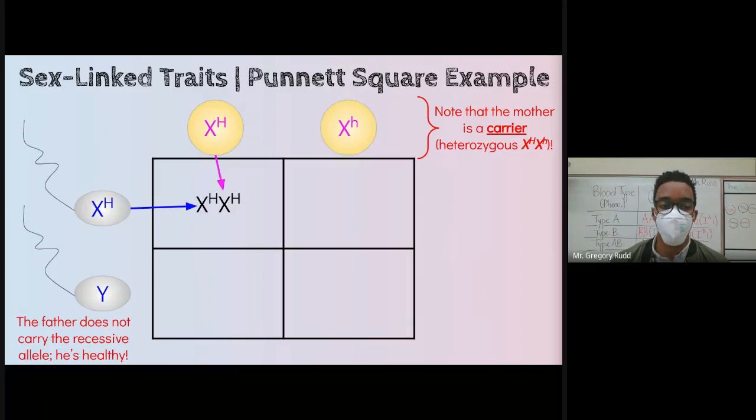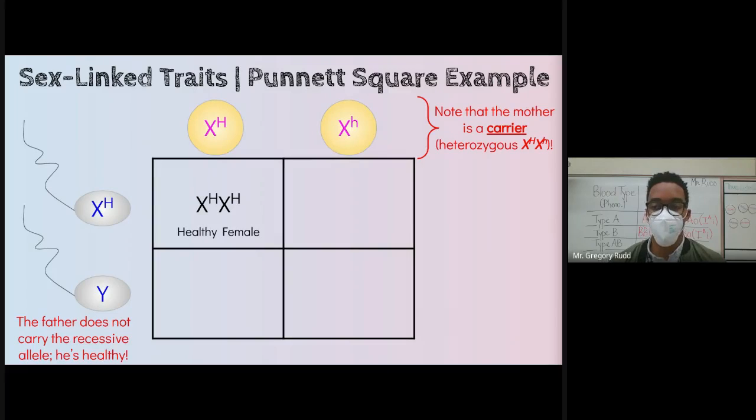Well, you guys tell me, what do you know about this person if that's the genotype? What is that person's phenotype? They do not have hemophilia. And what about their sex? Female. Yes, thanks, Sabina. Thanks, Abigail. And thanks, Sally. So this is a healthy female. They don't have hemophilia.